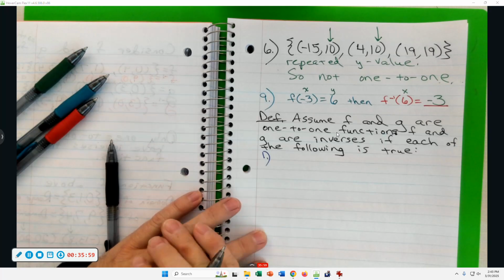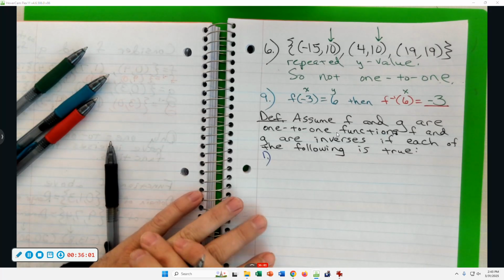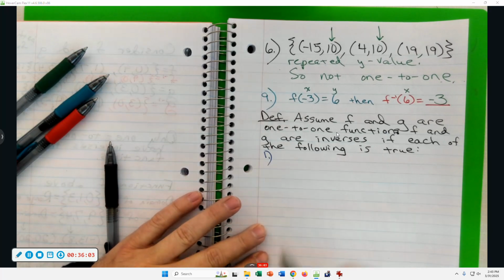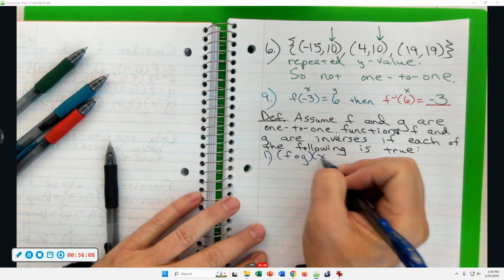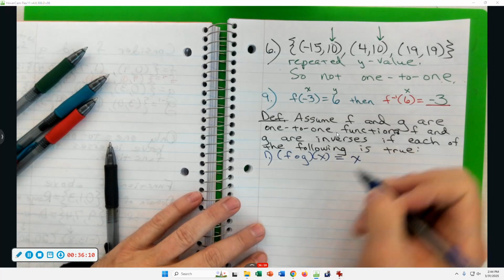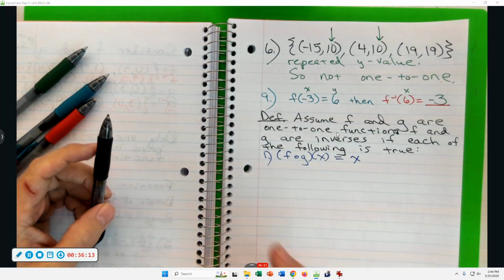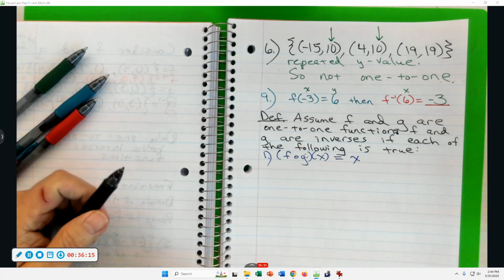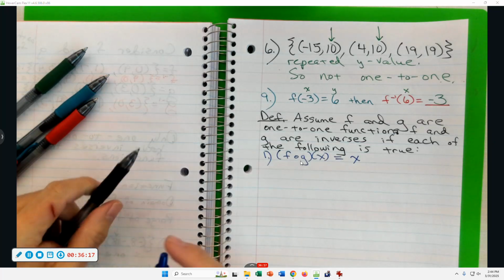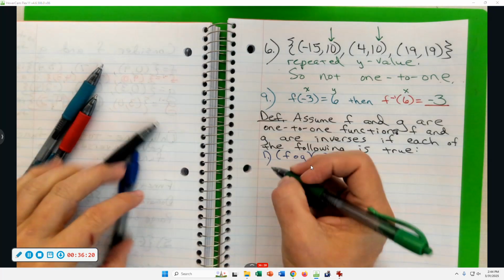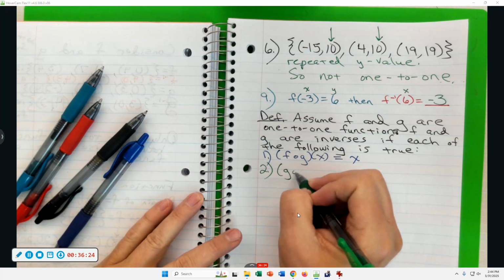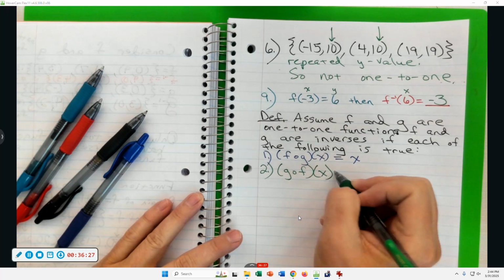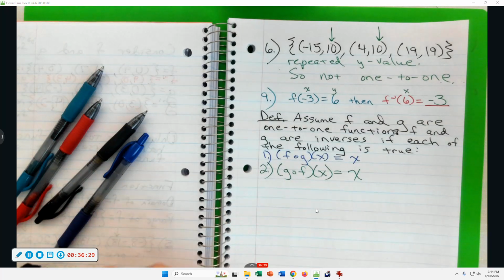If they're both true, then we can be certain that the two functions are inverses. F composed with g of x is equal to x for every x in the domain of g. And then the second condition, if we reverse the order of the functions, g composed with f of x, is also equal to x for every x in the domain of f.